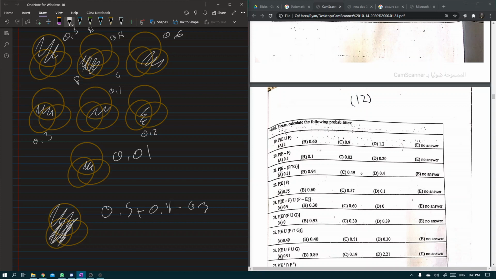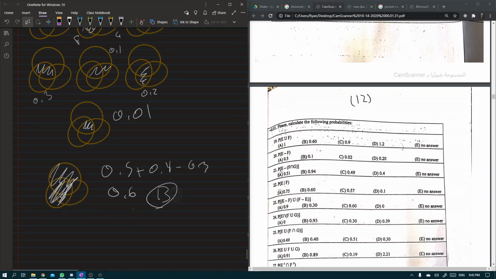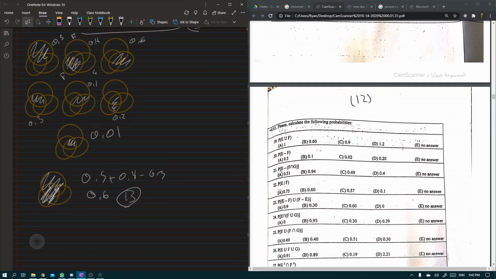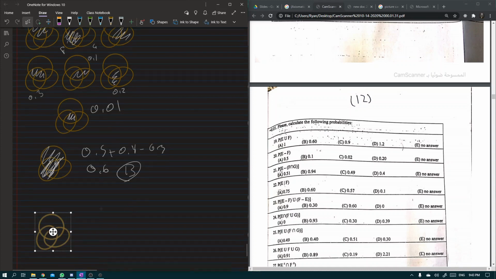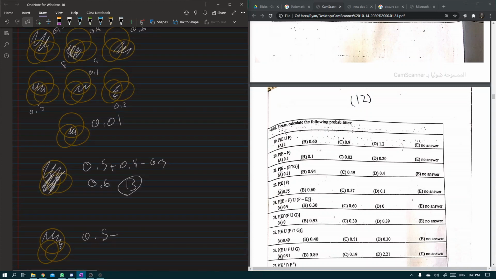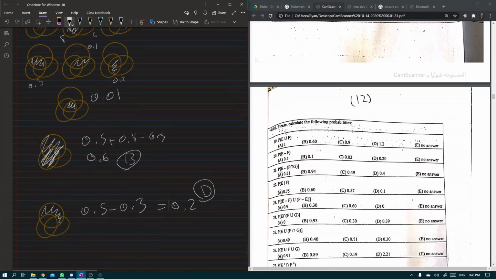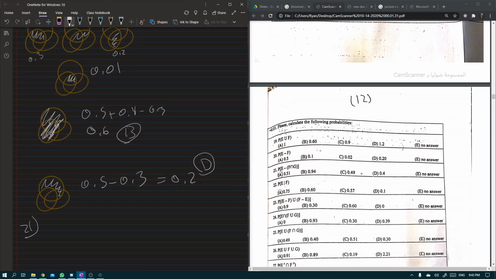E without F. This part. So just 0.5 minus the intersection, which is 0.2.